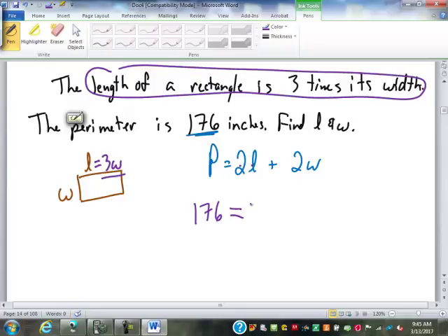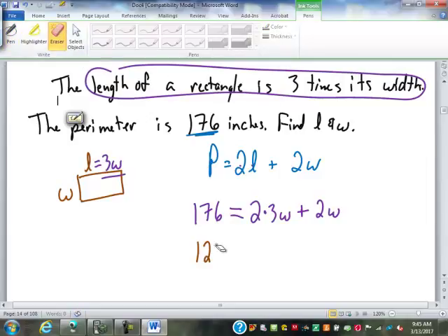So in my formula, wherever I see L, I'm going to replace it with 3W. So instead of 2 times L, it's going to be 2 times 3W. Plus, I still got my 2W. So now before I solve, I have to try to combine everything I can on each side. 176 is by itself, so that's just going to stay. On the right side, what's the first thing I have to do?